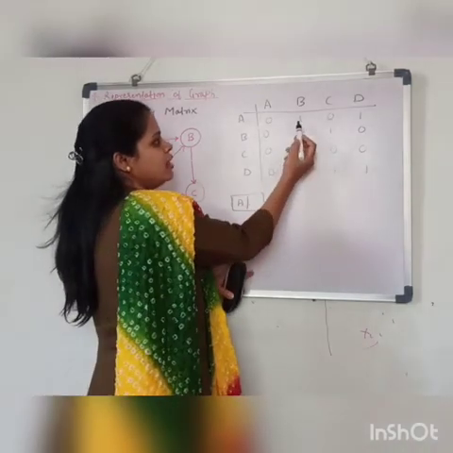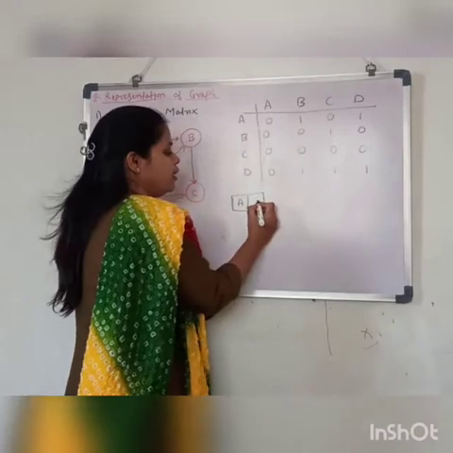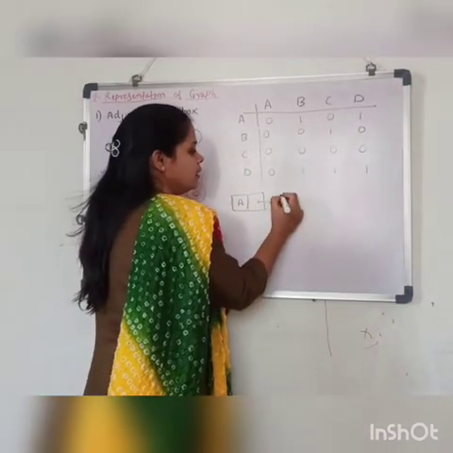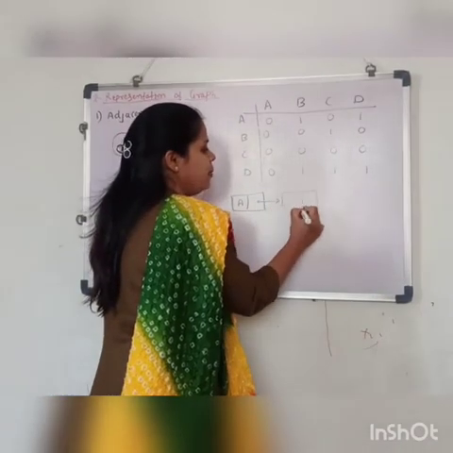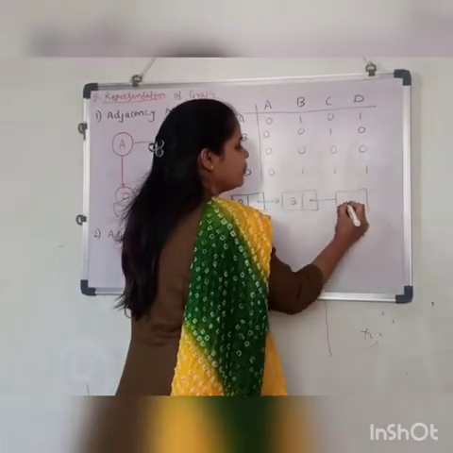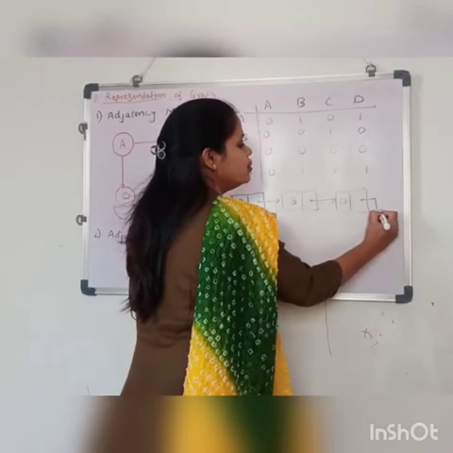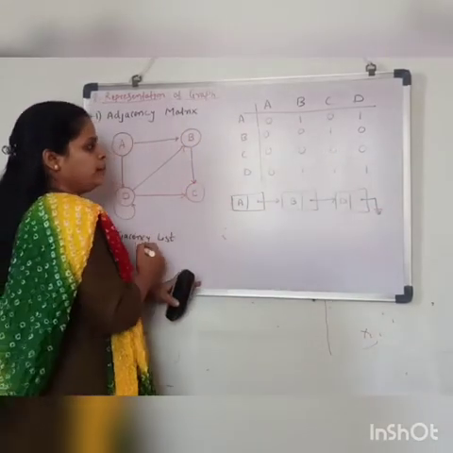Here the answer is given. A is connected to B and D. So draw a link. It is connected to B and it is connected to D. After that, there is no link added, so draw null.